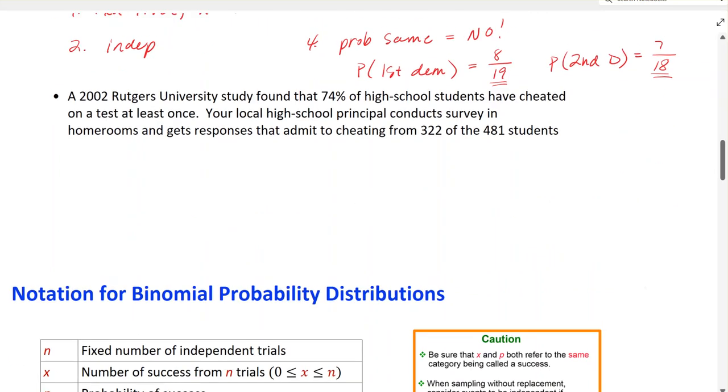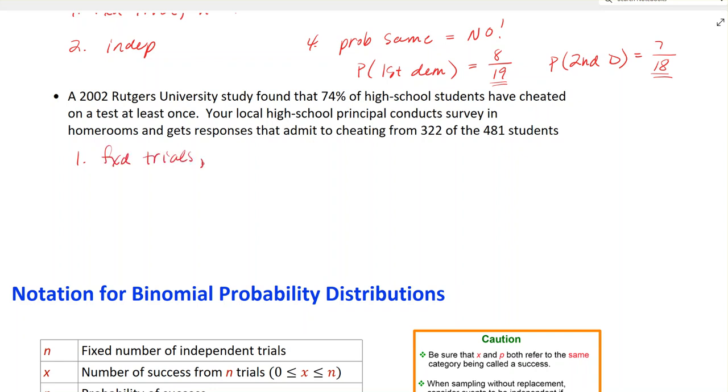Okay, and finally, let's look at this one here. A 2002 Rutgers University study found that 74% of high school students have cheated at least once on a test. Your local high school principal conducts a survey in homerooms and gets responses that admit to cheating from 322 of the 481 students. So, first criteria says, are there a fixed number of trials?